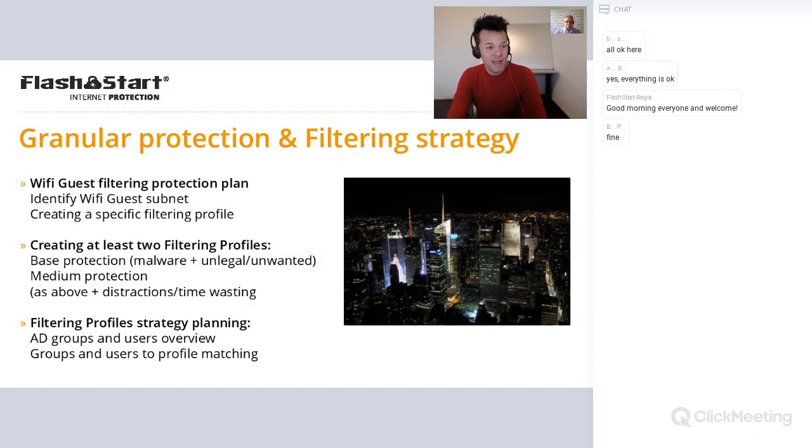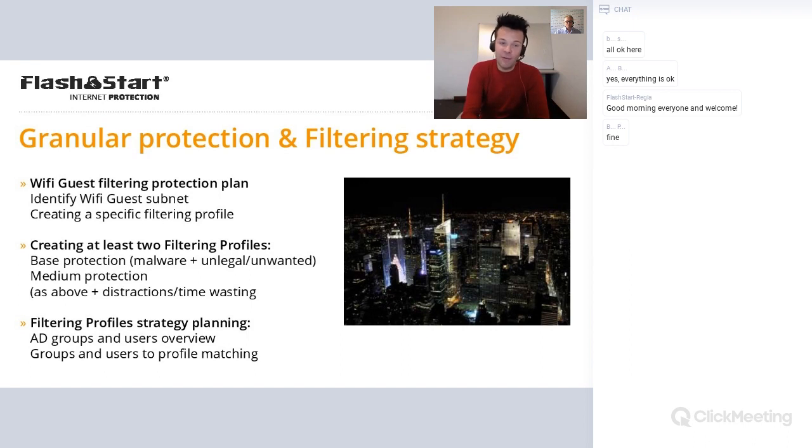Let me proceed, and let me tell you how to plan the granular protection and filtering strategies. For example, let's hypothesize a company or a government or a school. We might have more filtering profiles, for example, for a company: employees, technician, sales manager, direction, and CEOs. For a school: teachers, students, and employees, for example.